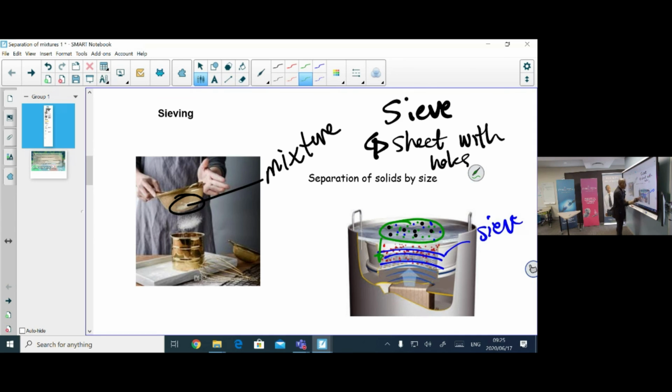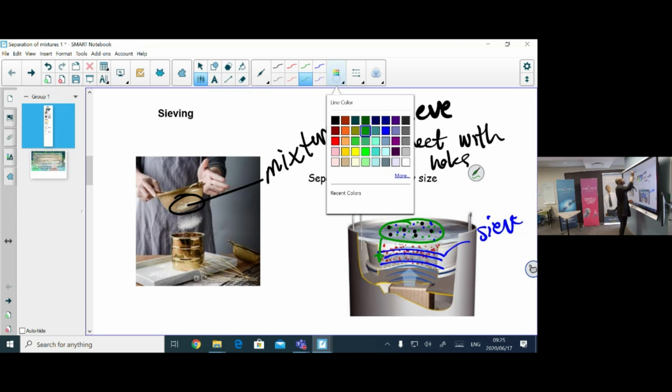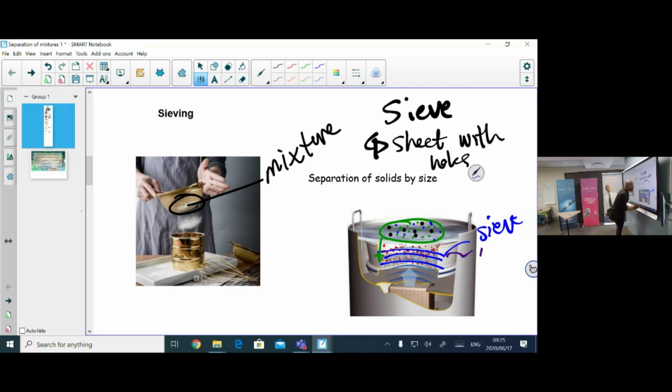And you'd be then separating them by their size. So clearly that means, in this case, we'd be having sieves of different sizes. Here, we'd be having sieve 1 of a particular size, sieve 2 of a particular size, and sieve 3 of a particular size.